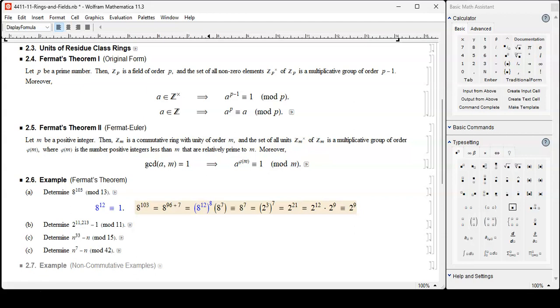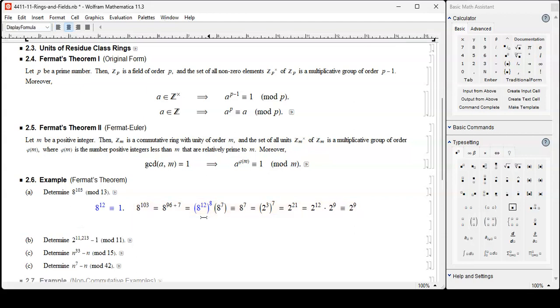Or you could reduce it a little bit further beforehand. 2 to the 4th power is 16, which is 3 modulo 13.